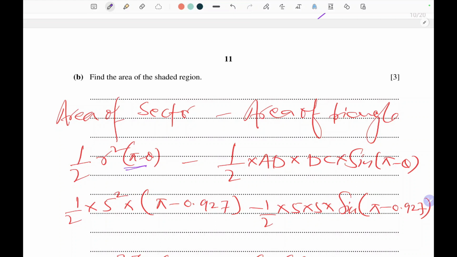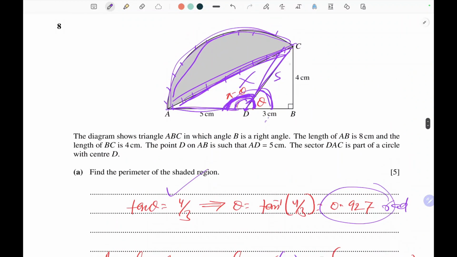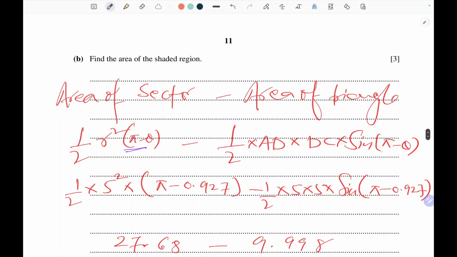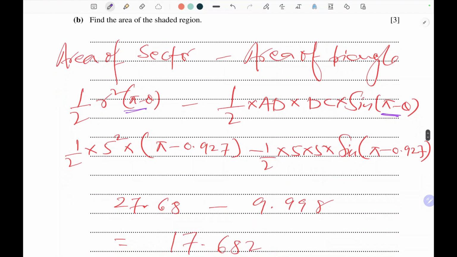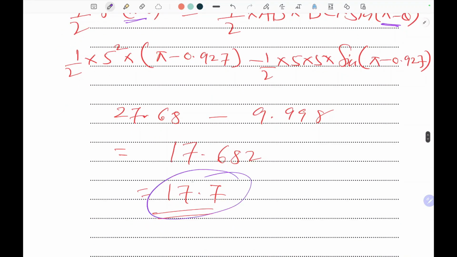Theta means angle, but this time angle is pi minus theta, minus half, and area of the triangle, so triangle is AD and DC sides, so half AD DC sine of angle, which is pi minus theta. So 1 over 2 5 square and pi minus 0.927, minus 1 over 2 5 times 5 times sine of pi minus 0.927. Just use calculator carefully, you will get 17.7. So this will be your area of the shaded region.